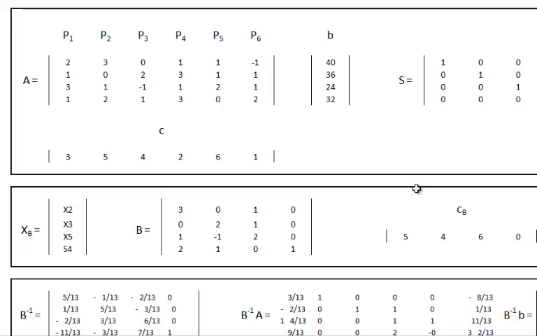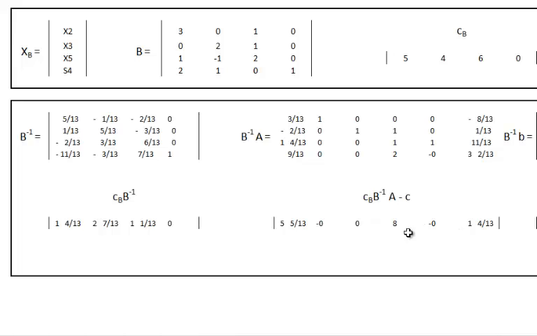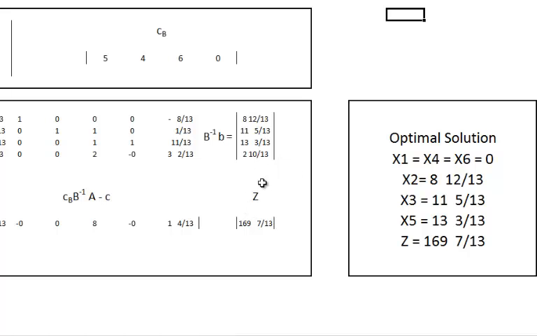Associated with that, CB is identified. We can now perform the regular calculation. As we look at these two sets of numbers, CBB inverse and CBB inverse A minus C, we do not see any negative number. Therefore, the optimality condition is satisfied.